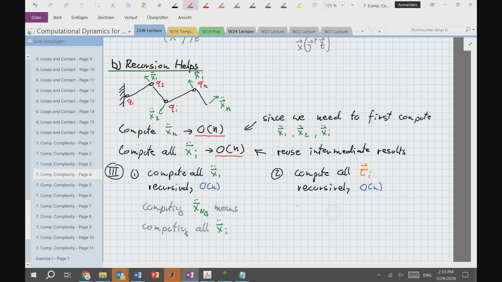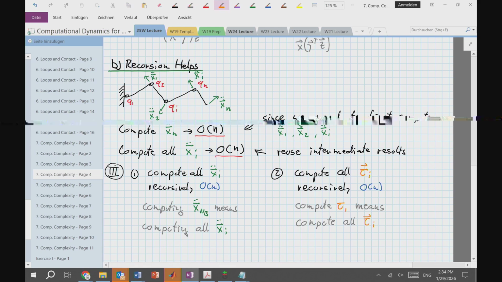Here the idea is, if I want to compute the joint torque at the root, which in the example we will call tau 1, I first have to compute all the other joint torques. We saw this in the recursive Newton-Euler algorithm. I start on the leaf and then move inwards, because I first have to know what's happening down the kinematic tree. And a Jacobian would do this for me.